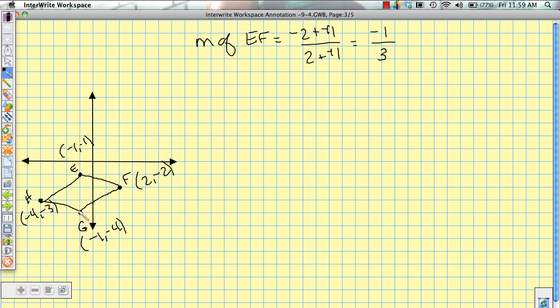EF should be parallel to HG if it's a parallelogram. So go ahead and find the slope of HG.